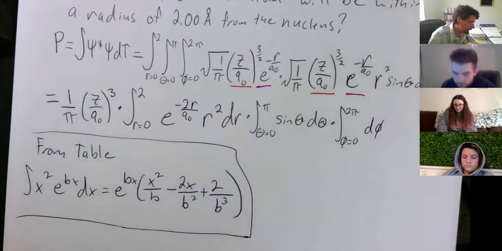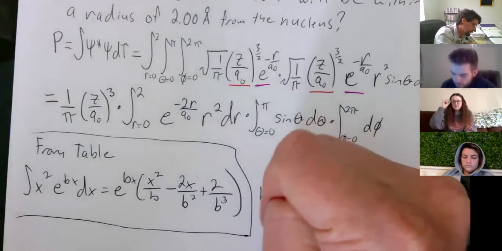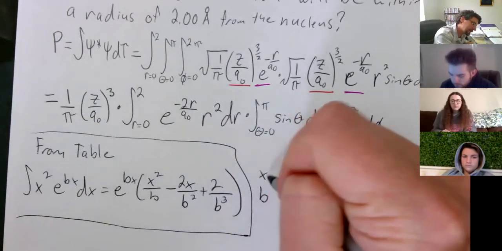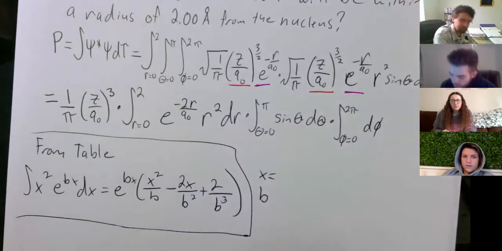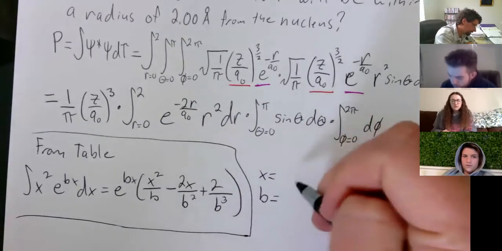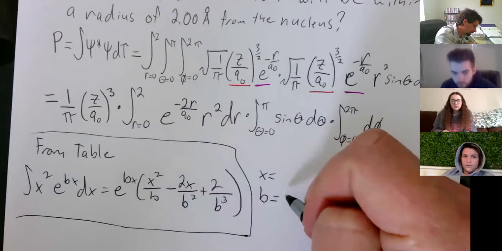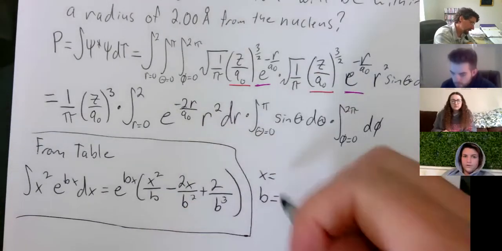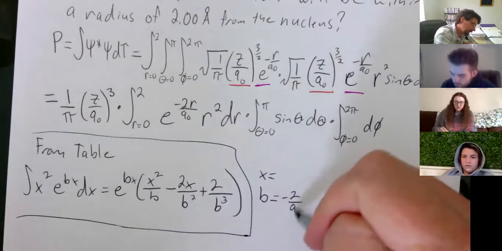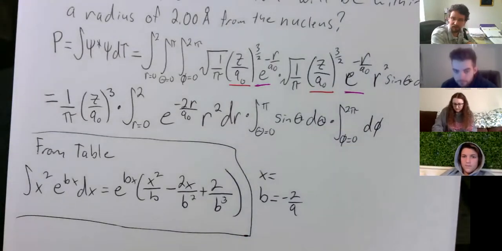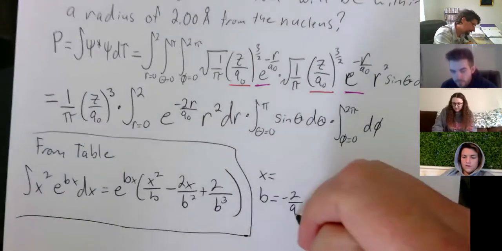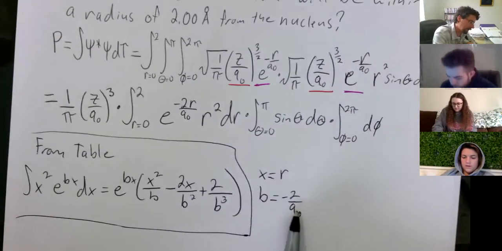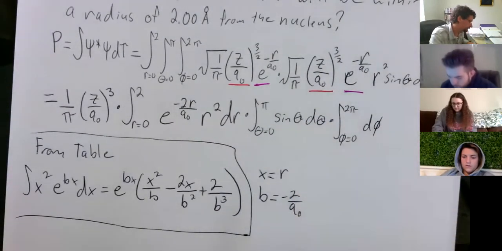Okay, in our case, what is b? And what's x? b is 2 over A. Yep, we're going to include that negative sign too. So -2 over A. Yep. And what's x in our case? R. Yep. I'm sorry, I should have put A naught there.